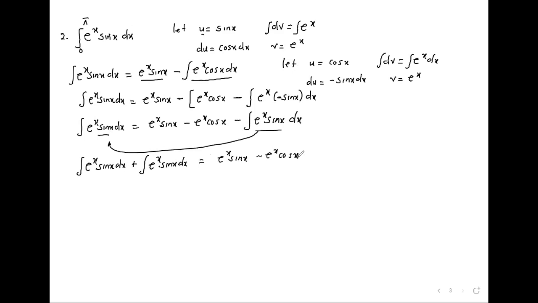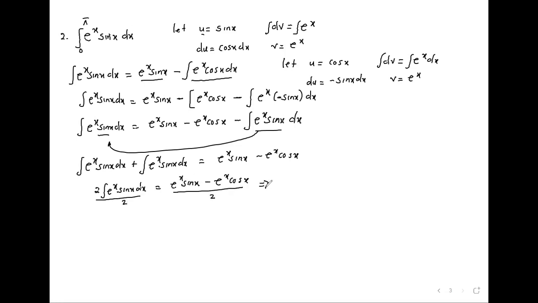Now, when two things are the same kind of adding, we get two of them. 2 times the integral of e^x sin x dx is equal to e^x sin x minus e^x cos x. And divide by 2, divide by 2.